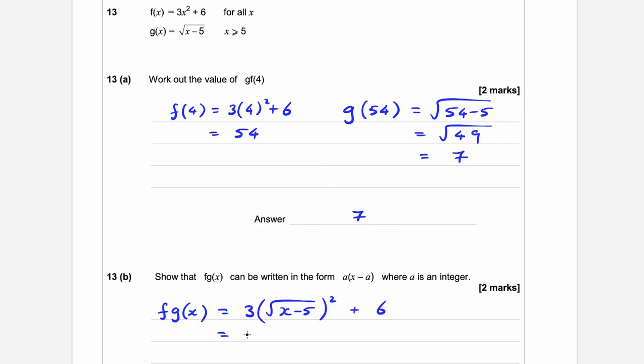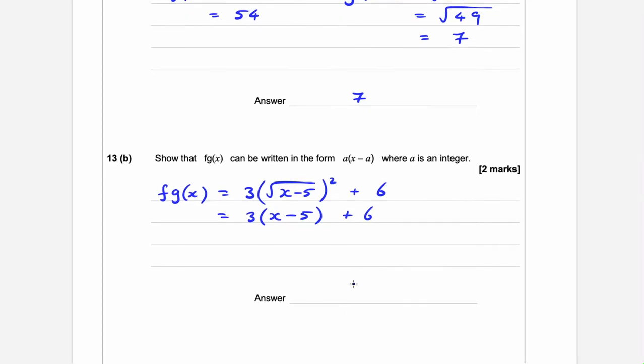When we square a square root, we just get 3 times x minus 5, because when you square the square root, they both disappear, if you like. So this equals plus 6. He wants it as a into x minus a. Let's expand it first. This is 3x minus 15 plus 6, which is 3x minus 9. And that equals 3 into x minus 3, which is the answer. Well, it's in the form that he wants.